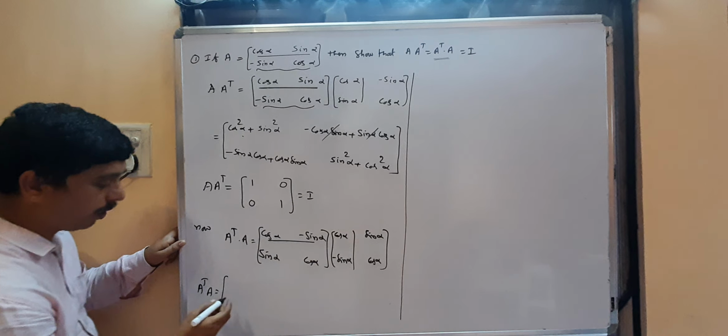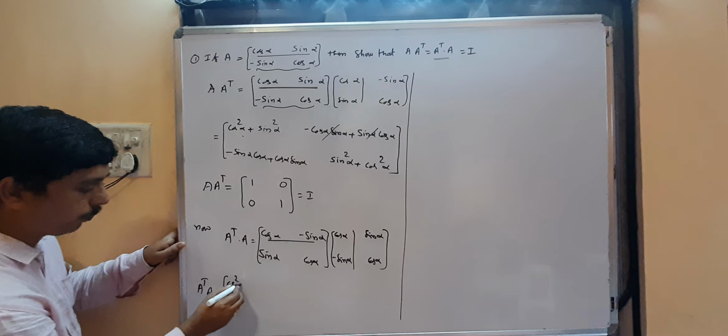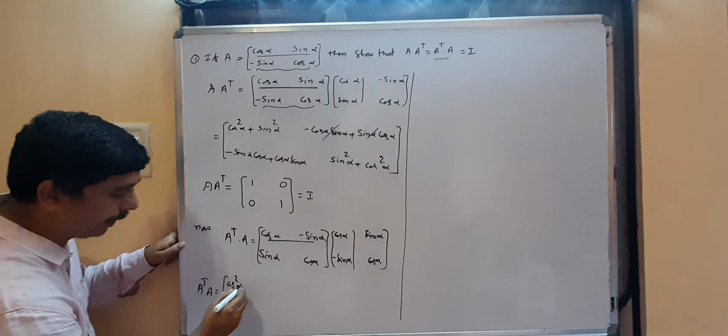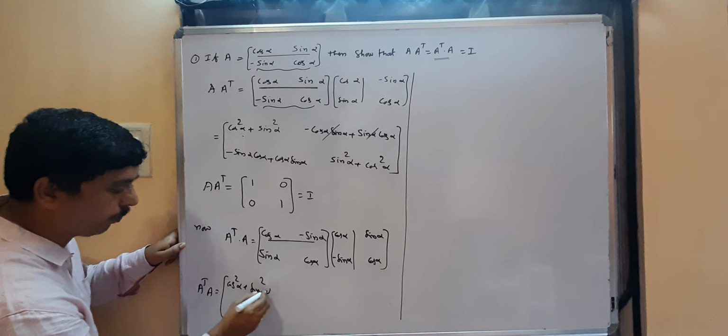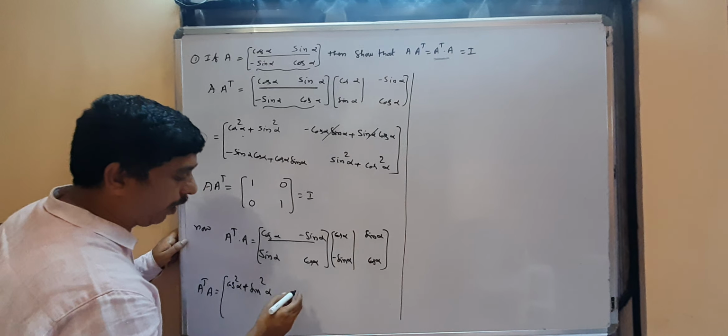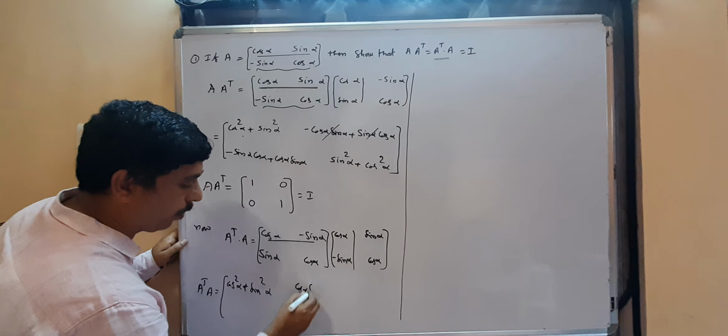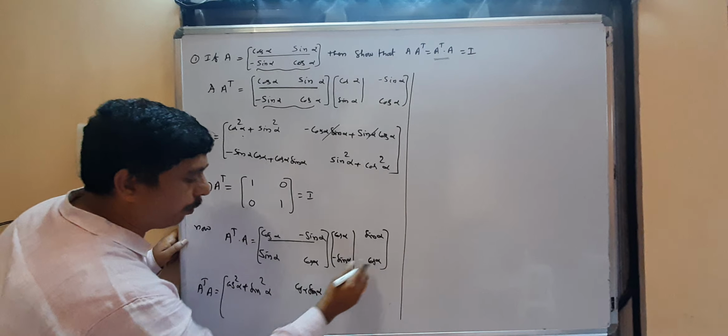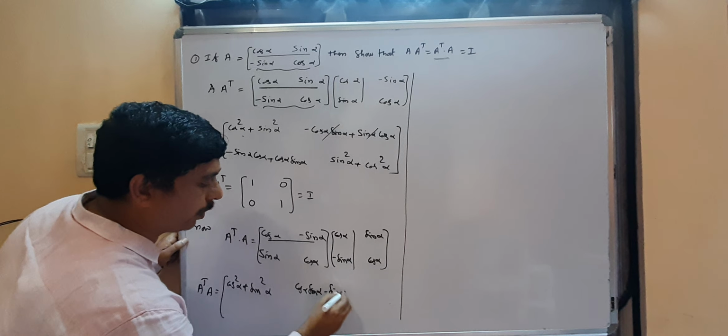Cos alpha into cos alpha, cos square alpha, minus into minus, plus sin square alpha. First row into second column: cos alpha into sin alpha, plus into minus sin alpha into cos alpha.